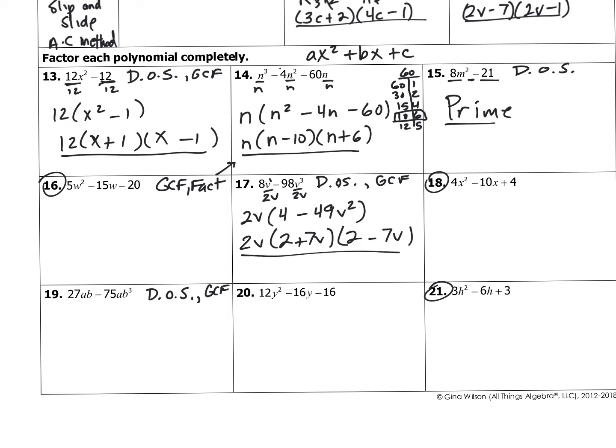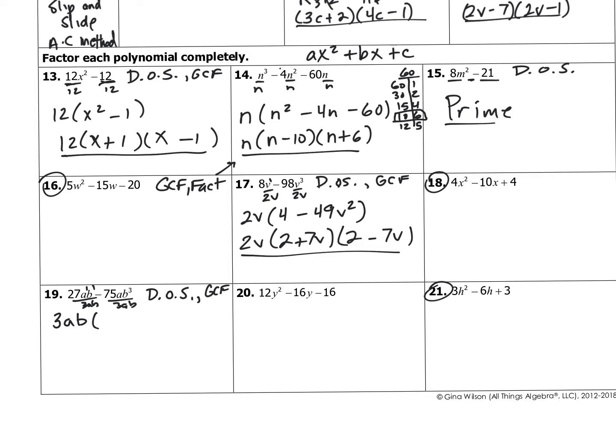All right, number 19, we have a difference of squares and a GCF. In number 19, the GCF is 3. 27 and 75, both share a factor of 3, and both terms have an A and both terms have a B. So I can take out the ones with the smallest exponents, which is to the first power. And I need to see what's left over, so I need to divide both by 3AB.